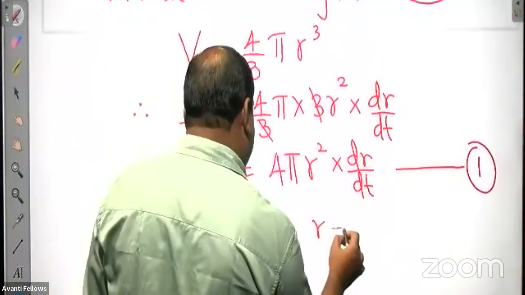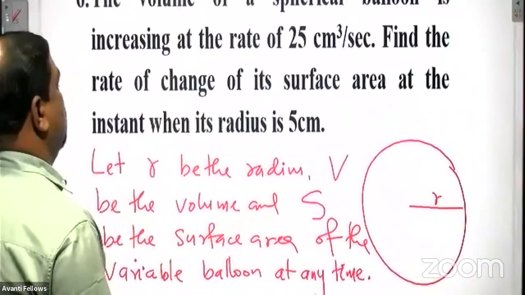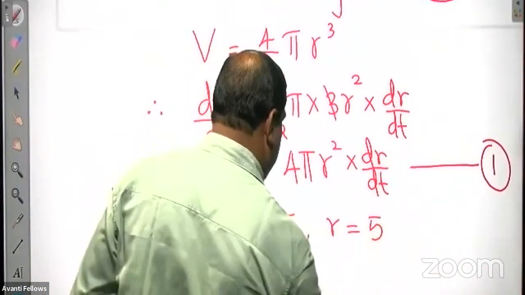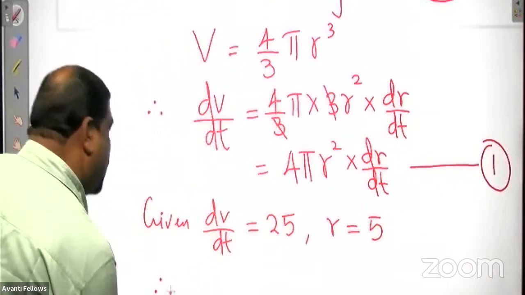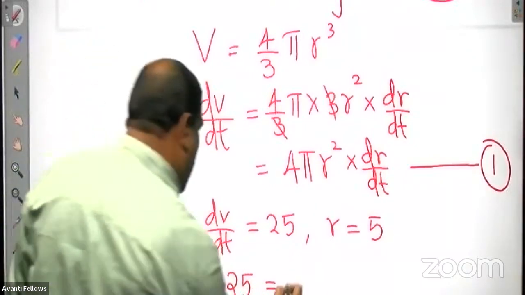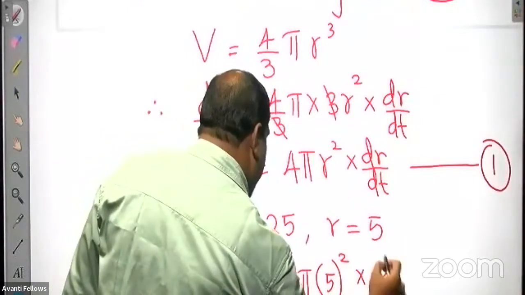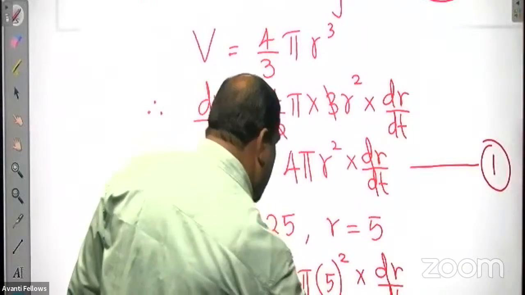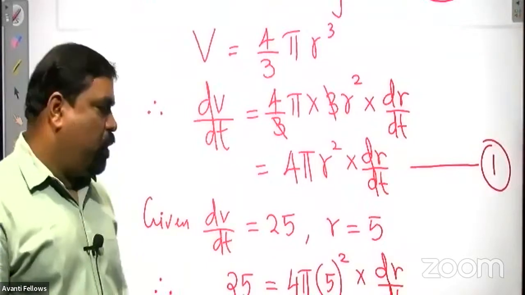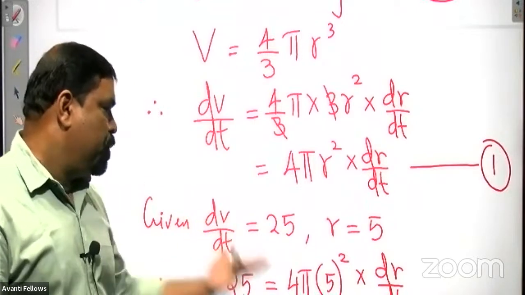And r is equal to, what is the value of r? That is given as 5. So if you substitute these values in equation 1, you will get 25 is equal to 4 pi into 5 square into dr by dt. dr by dt is not given actually, so we are going to find it first.